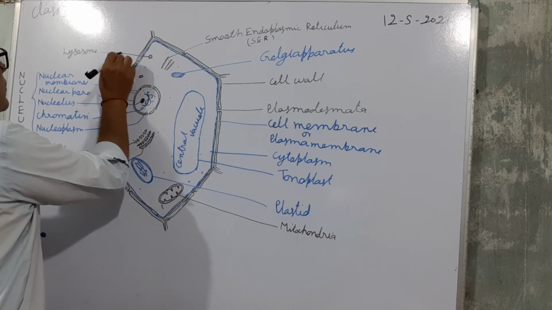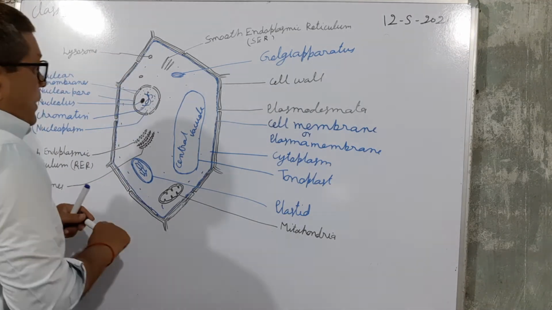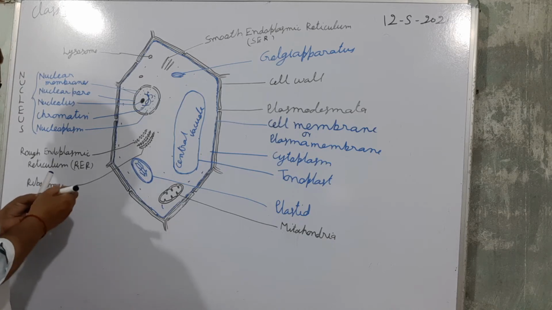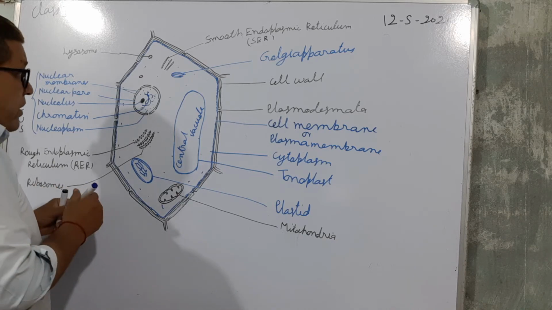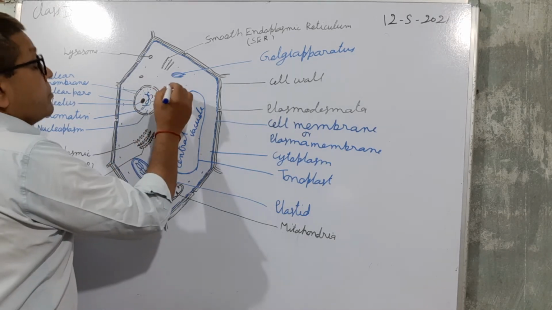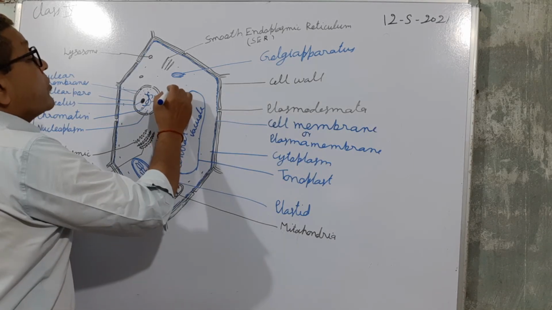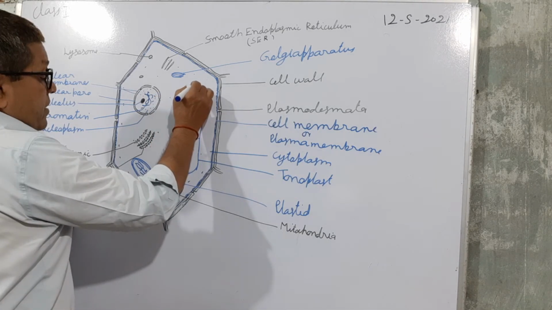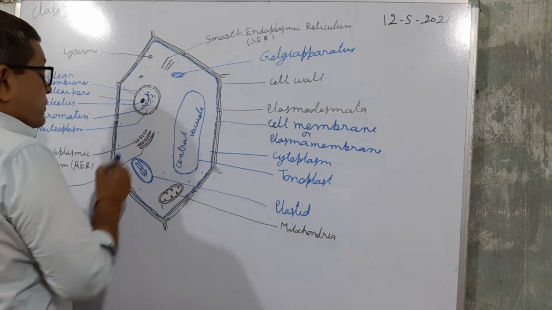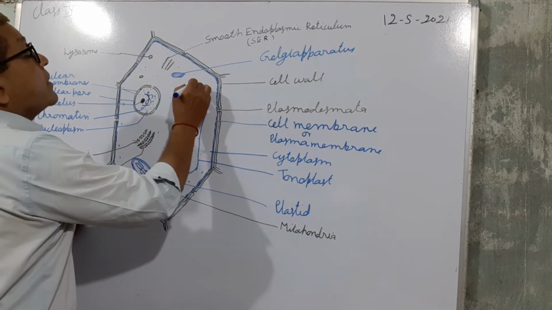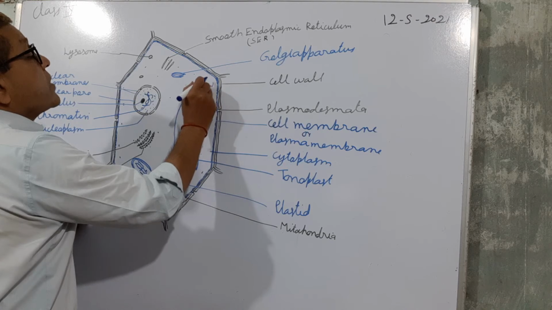Lysosome, and they may contain more than one mitochondria. This is a plastid.